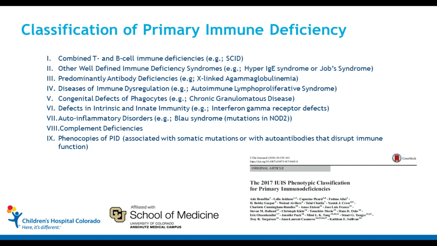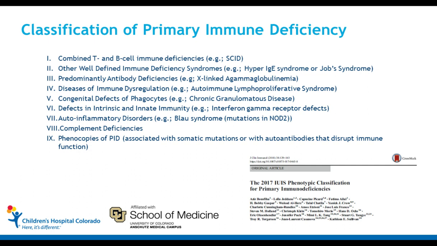The first one is a combined T and B cell immune deficiency. The severest form of this category is SCID, or severe combined immune deficiency, which we will discuss in a little more detail. The second category contains well-defined immune deficiency syndromes. An example is hyper-IgE syndrome or Job syndrome.